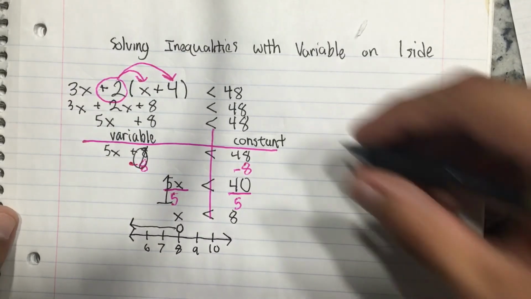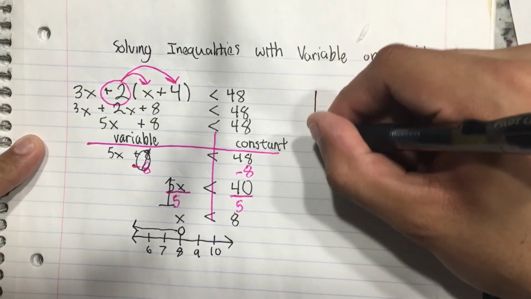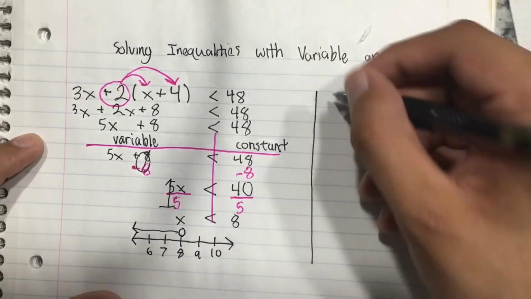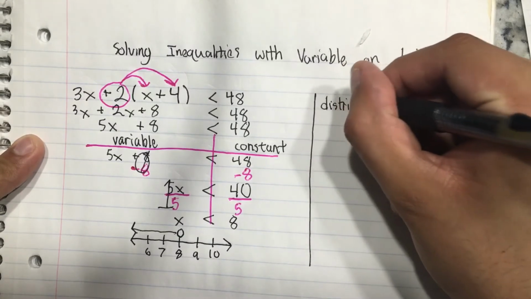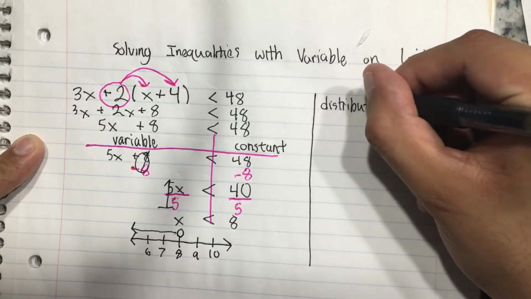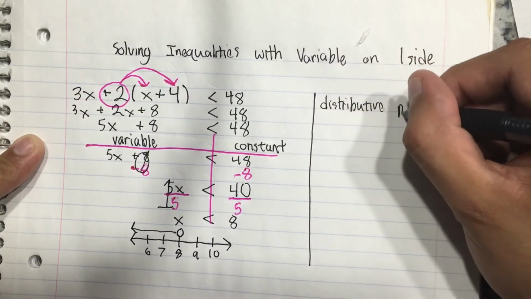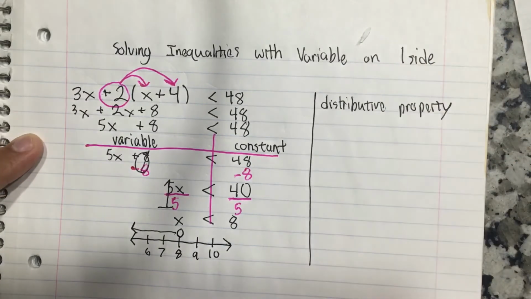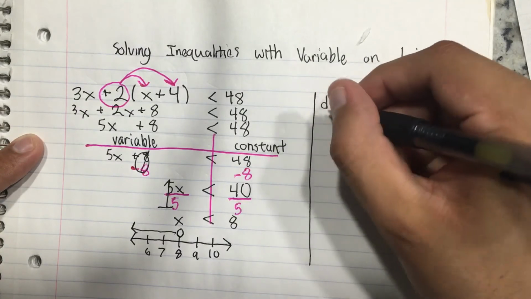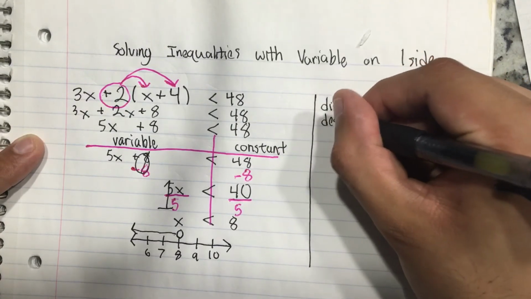Now let's go ahead and come over here and write down our steps for future reference. First step we used was distributive property. From there, it was already in descending order, so I'm going to just write descending order.